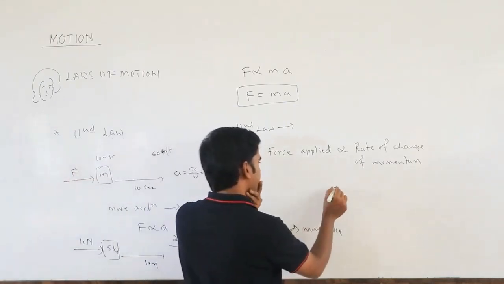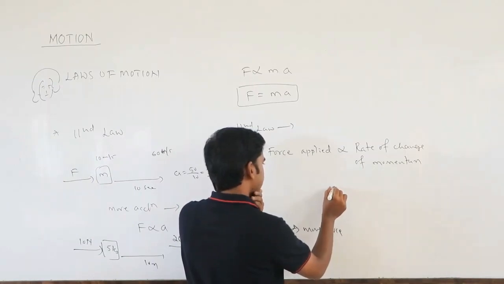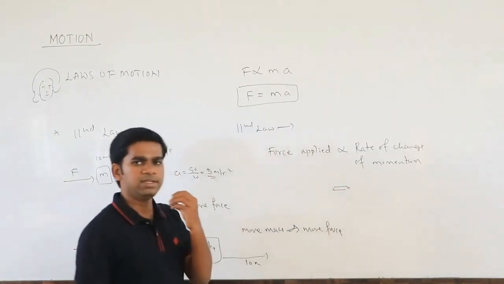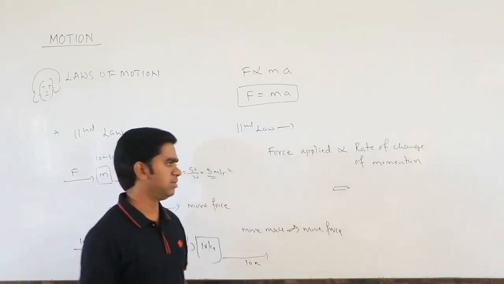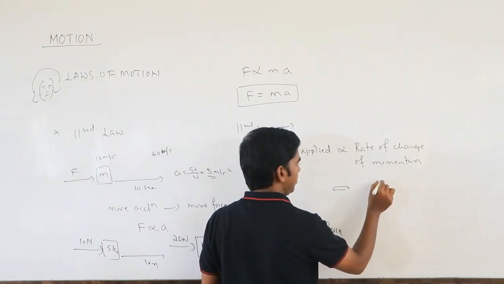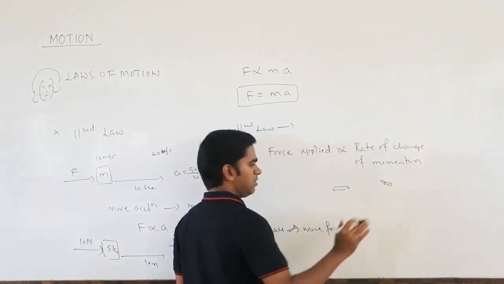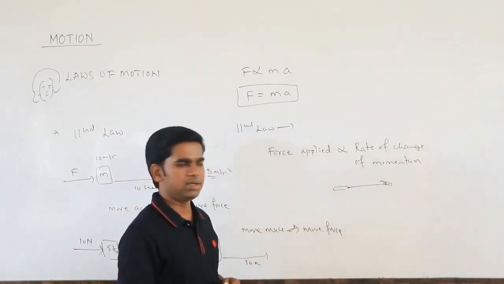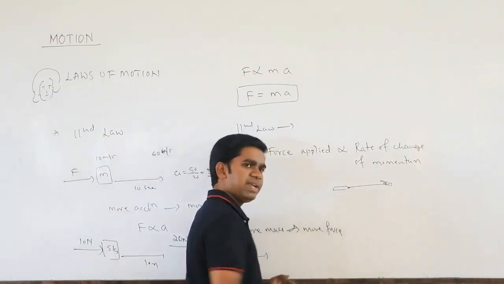Suppose you have a bullet coming with a high speed. What will happen if suddenly you hold your hand in its path? The bullet will penetrate because it is moving with a very high speed.